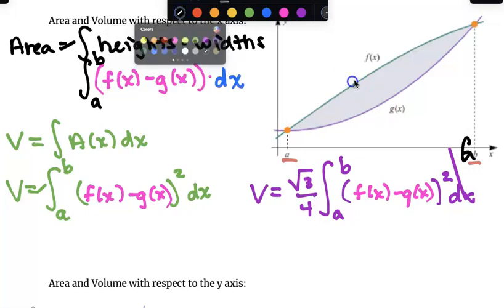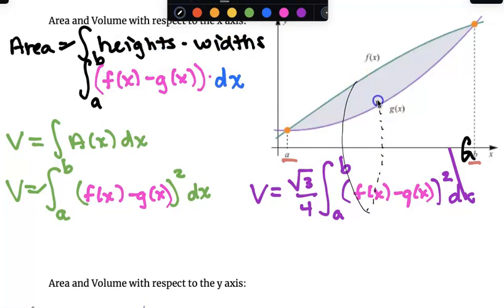When I rotate around, I'm going to get a big outer volume created by that f of x, and then I'm going to subtract off my smaller inner volume created by that g of x. So the radius of my inner circle is created by g of x to my axis of rotation. My radius of my outer circle is going to be created by f of x down to that x-axis.